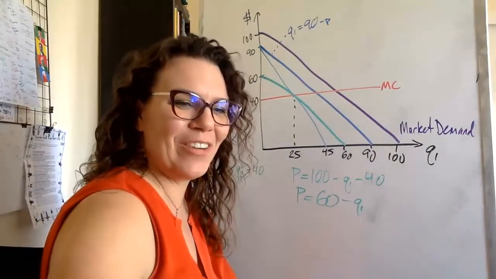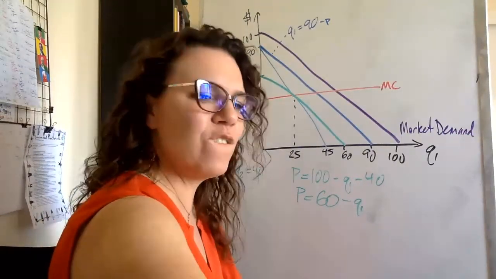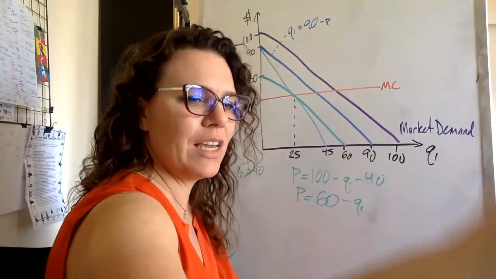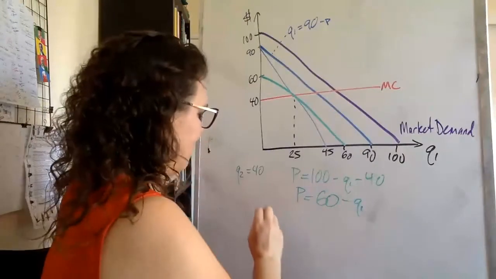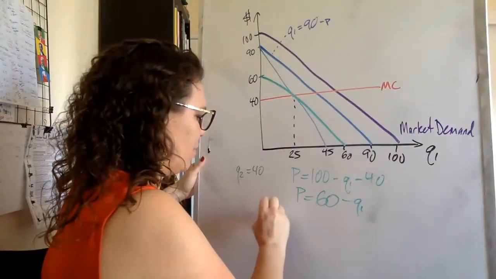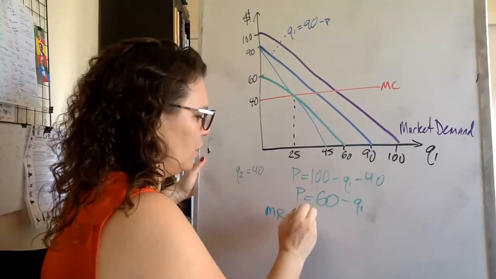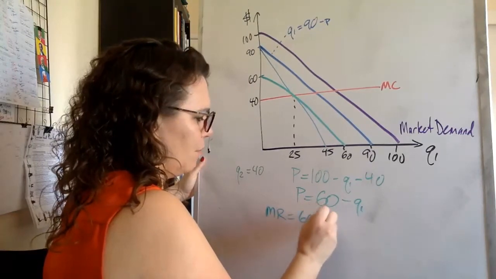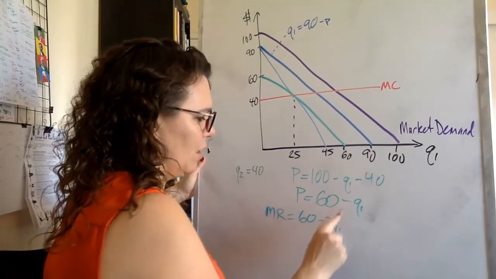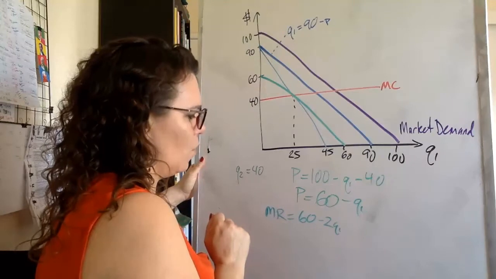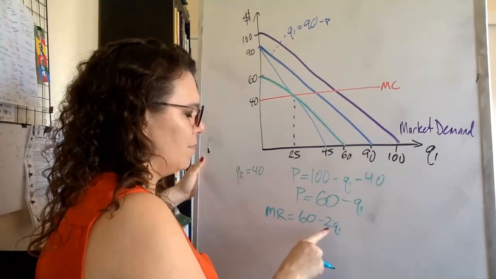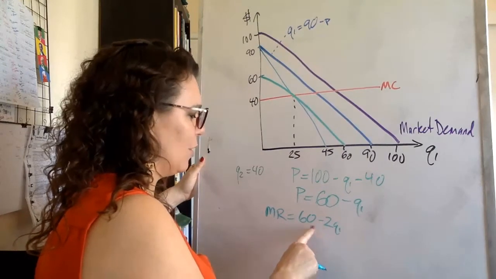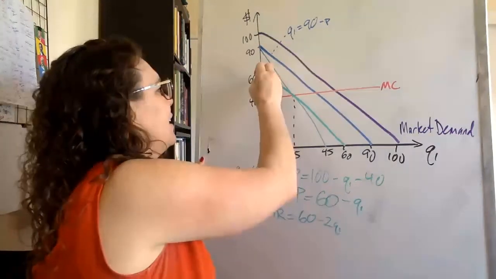And then we want to go ahead and solve for the marginal revenue curve. So the marginal revenue is equal to 60 minus 2Q1. If Q is equal to 0, marginal revenue is going to be equal to 60.